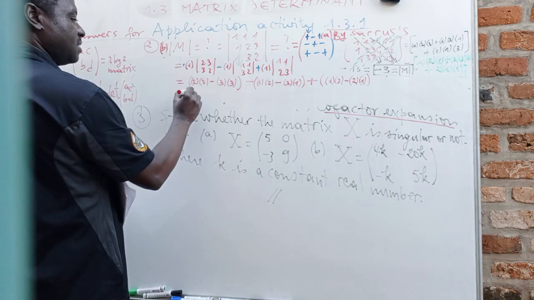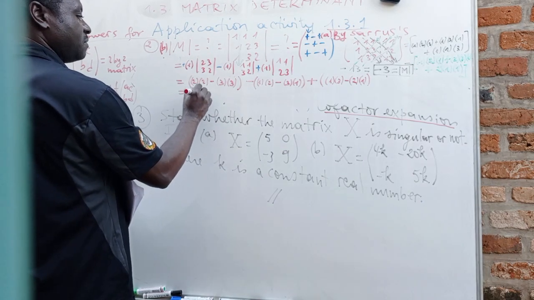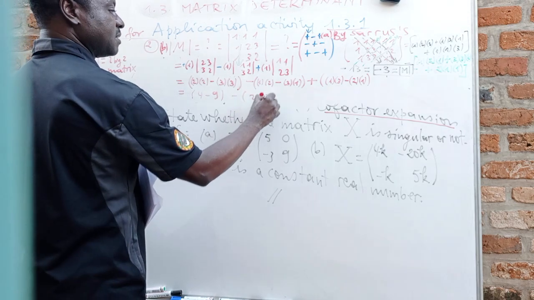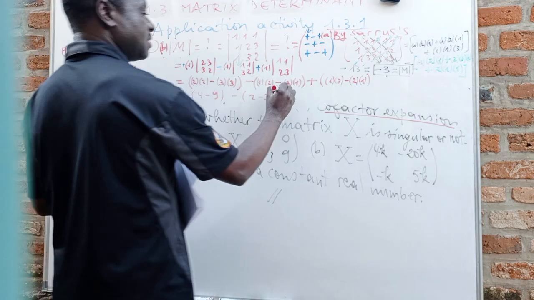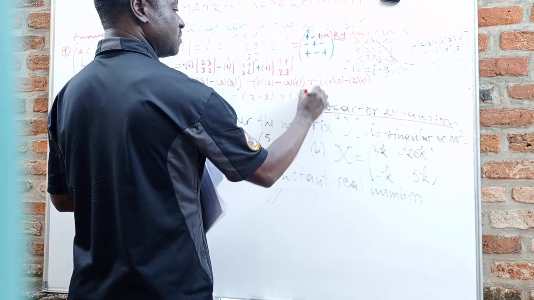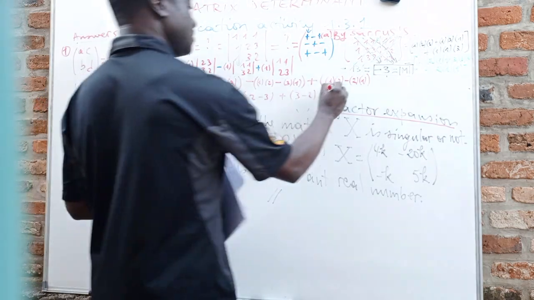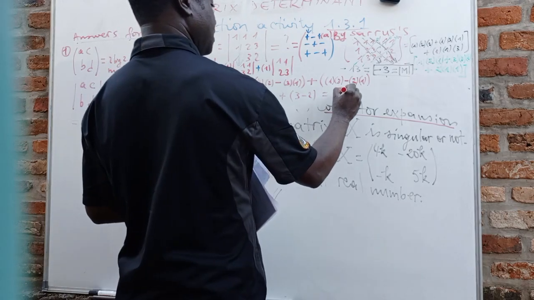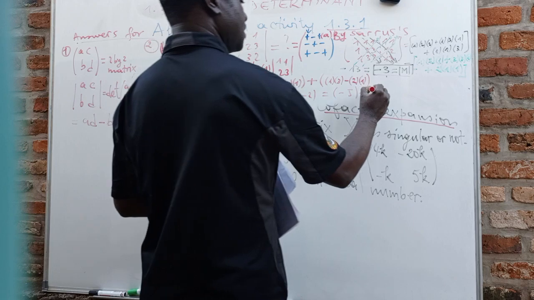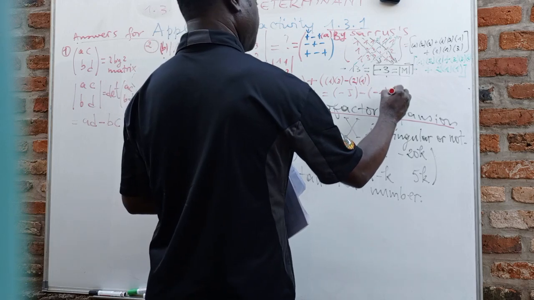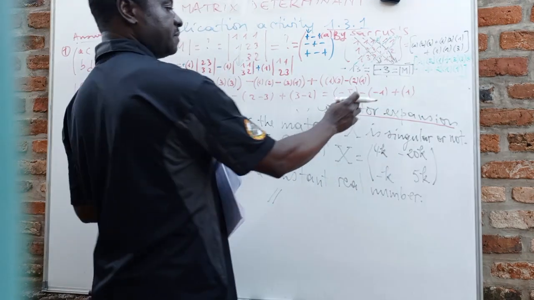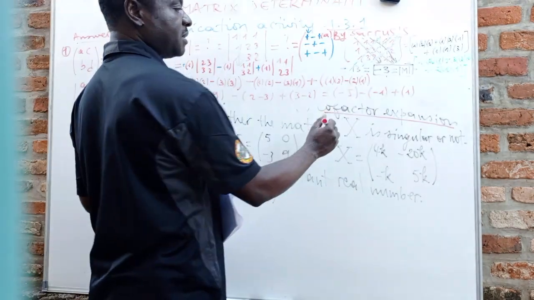So the first term here is going to be 4 minus 9. Second term, 2 minus 3. Now third term, 3 minus 3, 2. So the result: the first term is -5, minus the second term -1, plus the third term, which is 1. Now negative becomes positive.